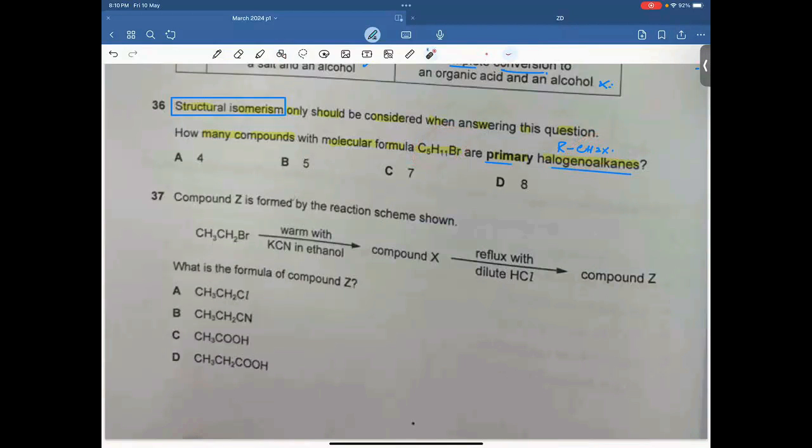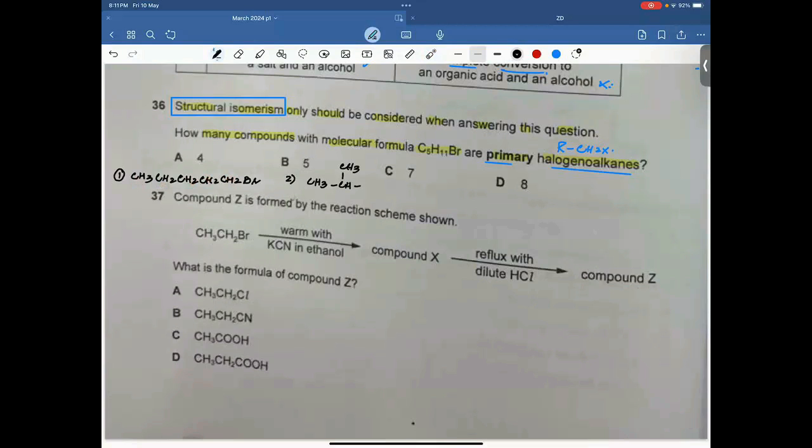So let me write the structure. That's easy. This is CH3, CH2, CH2, CH2, CH2Br. This is the first structure. Then let me make the chain isomer first.